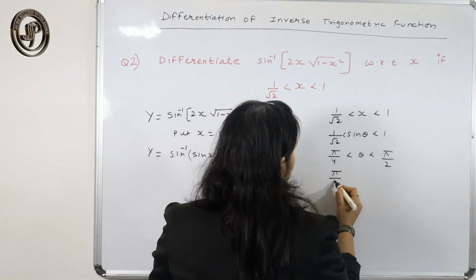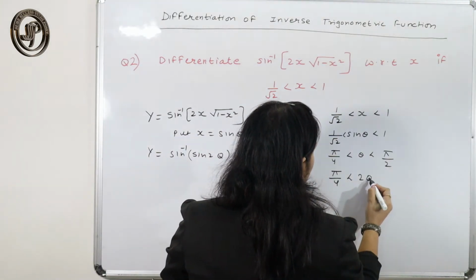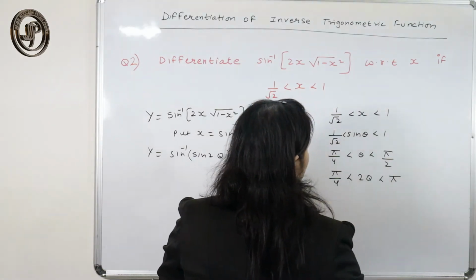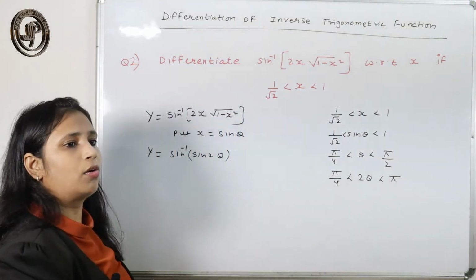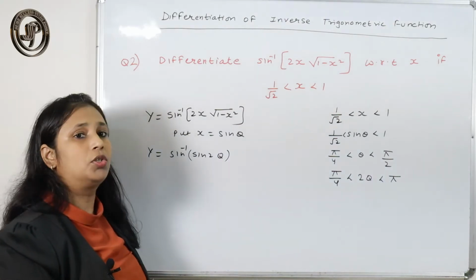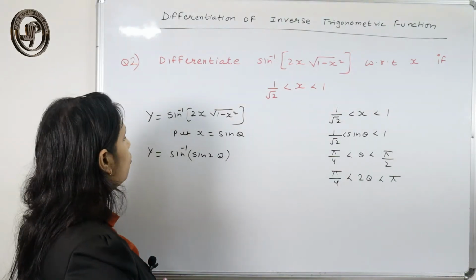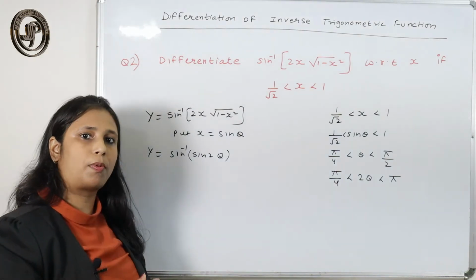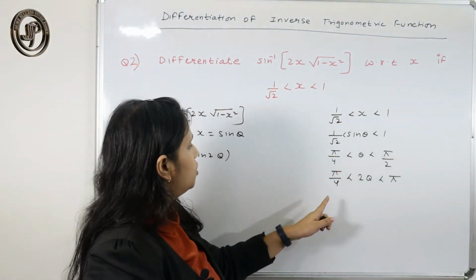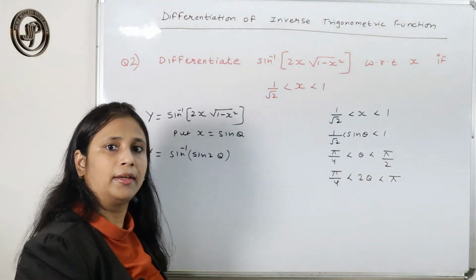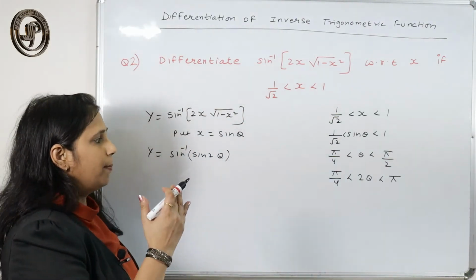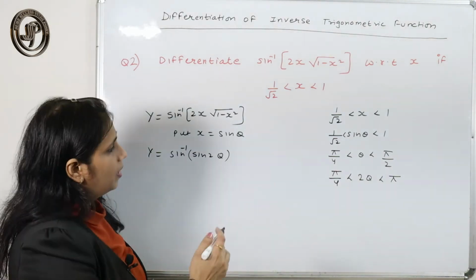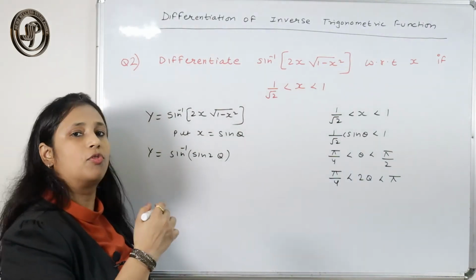So it is pi by 2 to pi. But that is not our range, because the range for sine inverse sine is minus pi by 2 to pi by 2. Here the range comes pi by 2 to pi.